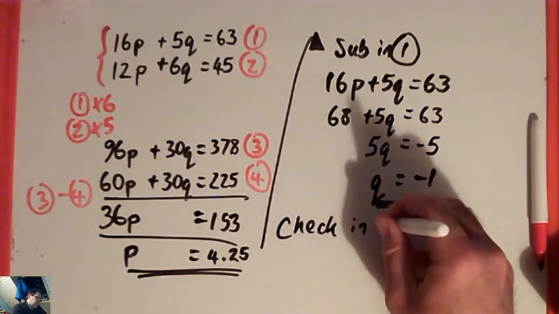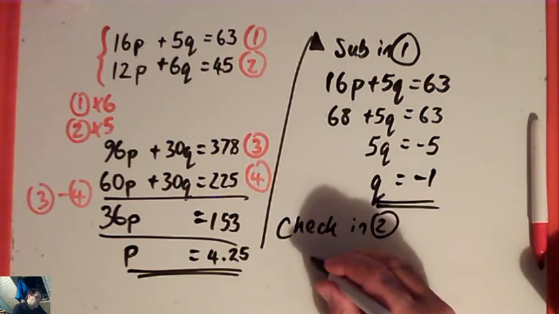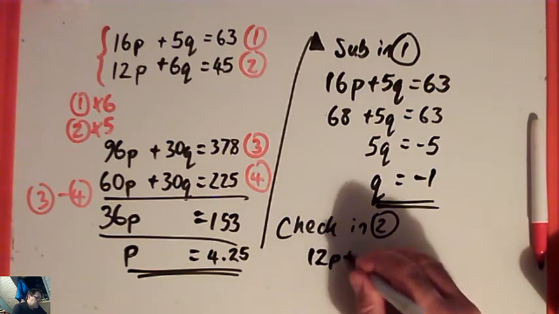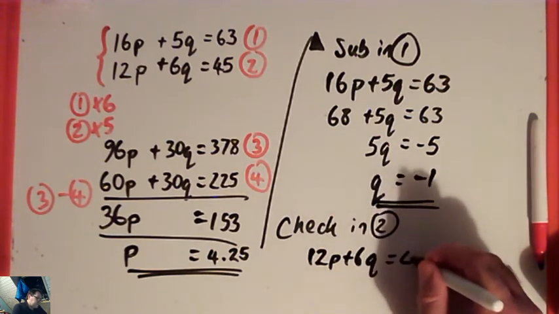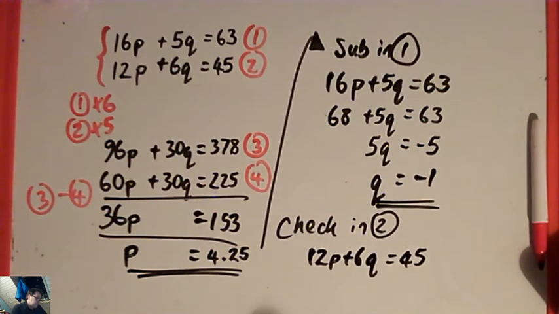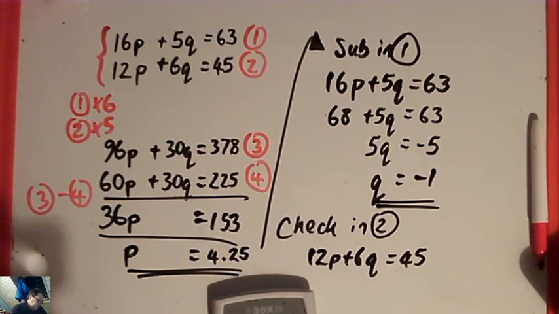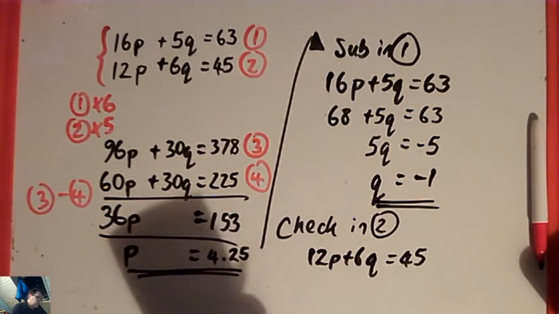I'm going to check that in equation 2. So 12p plus 6q equals 45. That becomes 12 times 4.25, 51.